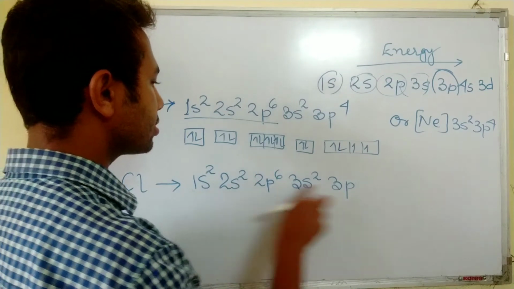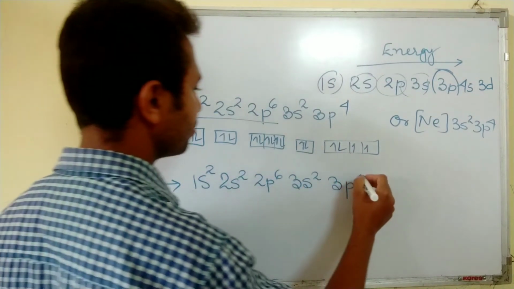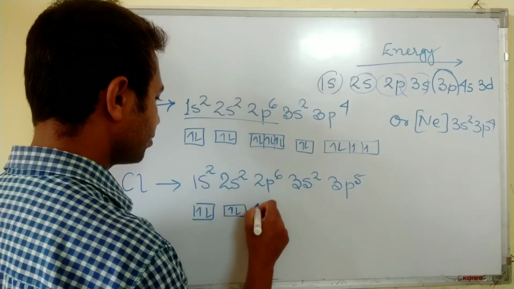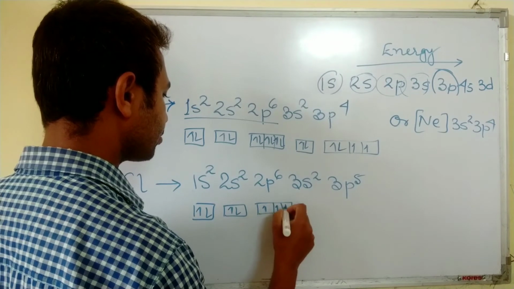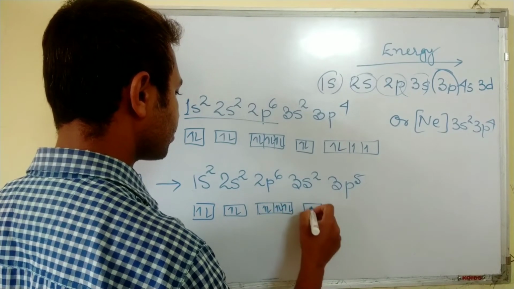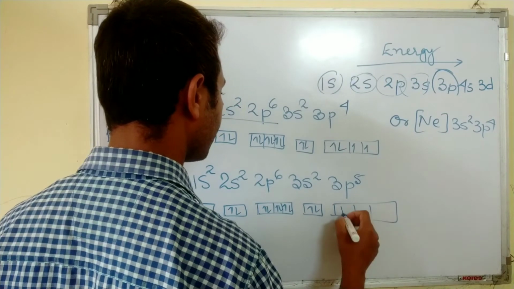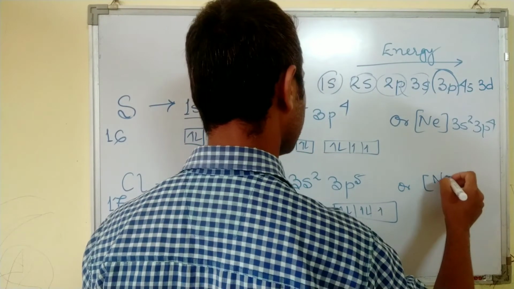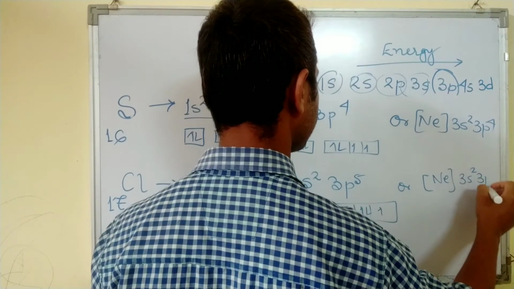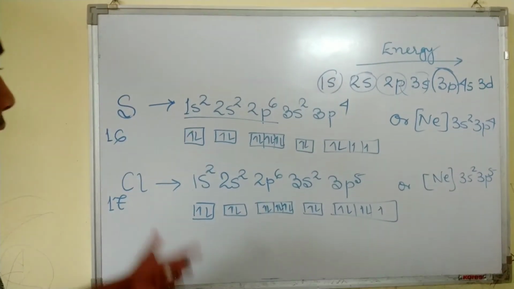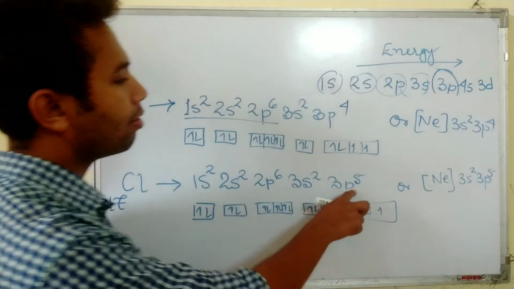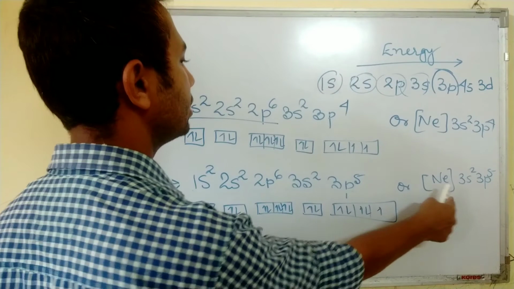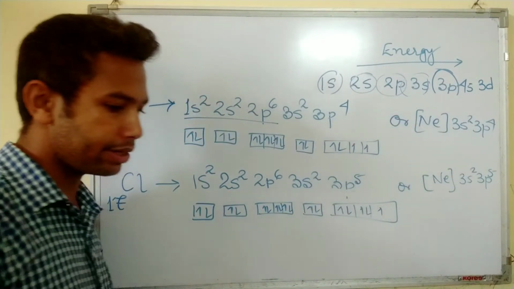Here 12 electrons, then the remaining 5 electrons will go in 3p. So 1s2, 2s2, 2p6, 1, 2, 3, 4, 5, 6, 3s2, 3p5, 1, 2, 3, 4, 5, or neon 3s2, 3p5. So we may write the electronic configuration of chlorine like this.